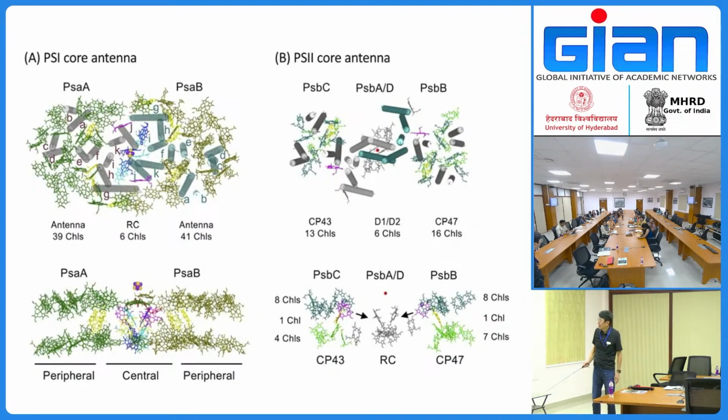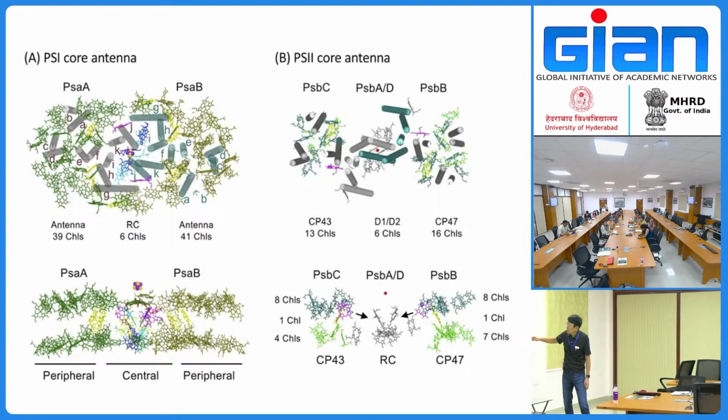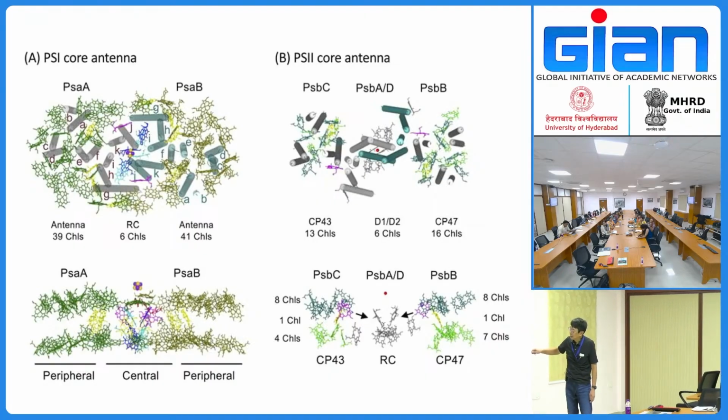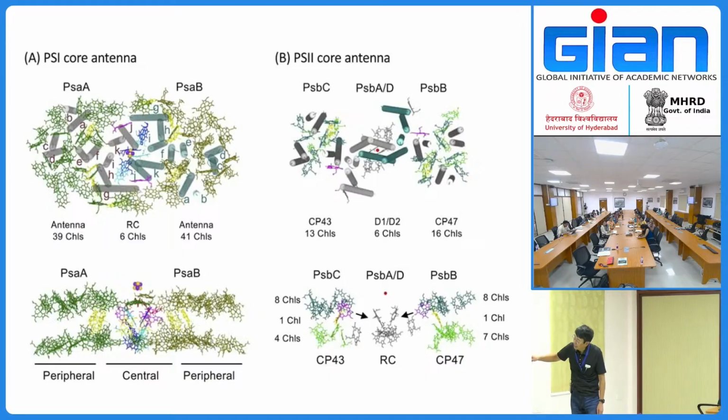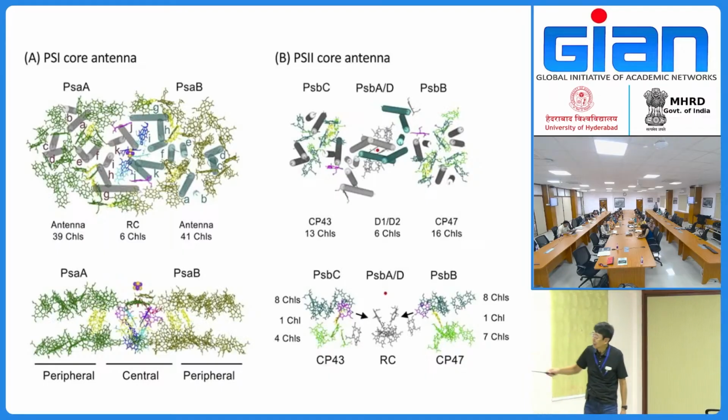Okay, so probably we think that from the structure, these chlorophylls are closer to the reaction center. So most of the excitation energy is first transferred to here, no? And then finally transferred to the reaction center.